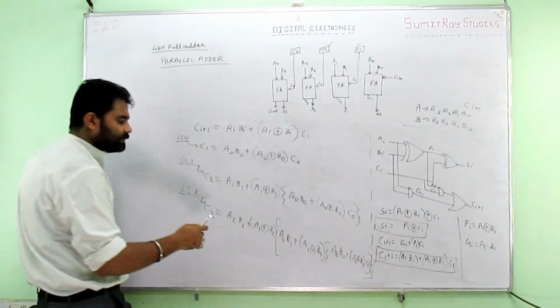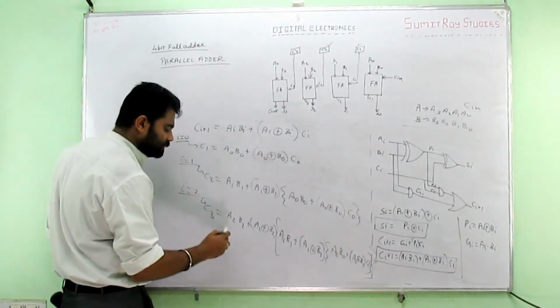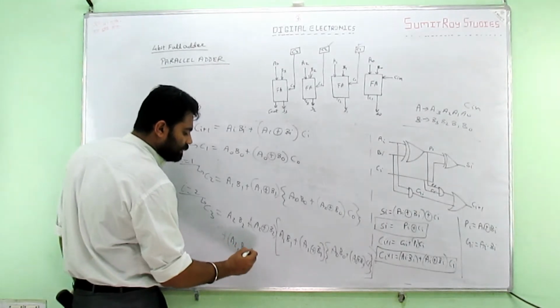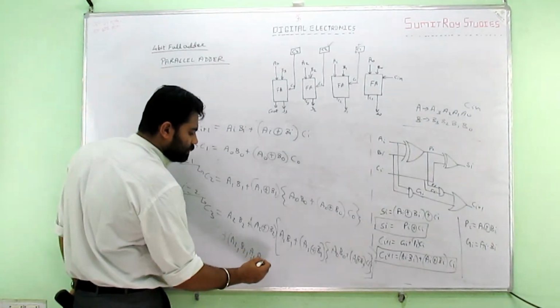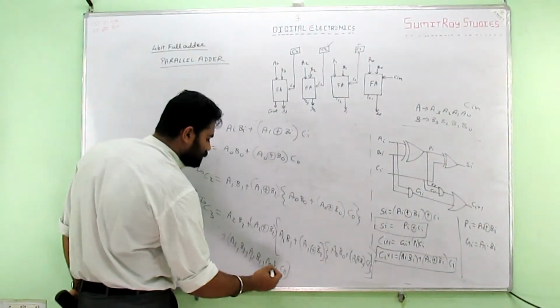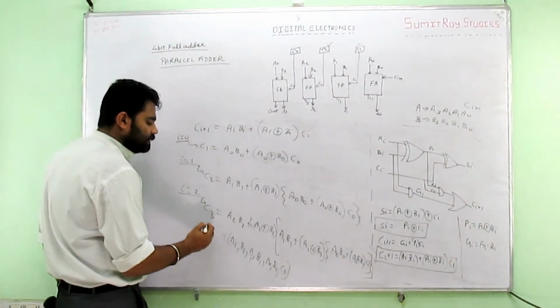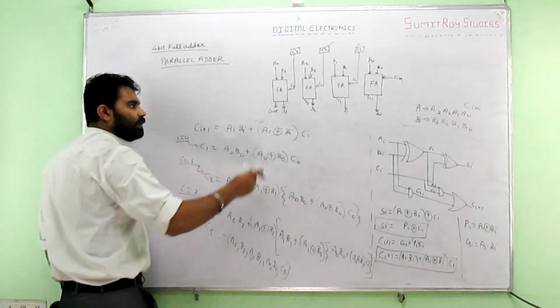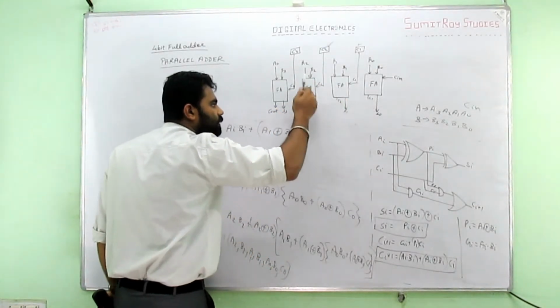Now look at C3. It's a function of what? A2 B2, A1 B1, A naught B naught and C naught. That is all. These are already available. Why do we have to rely on this and this to give us C3?